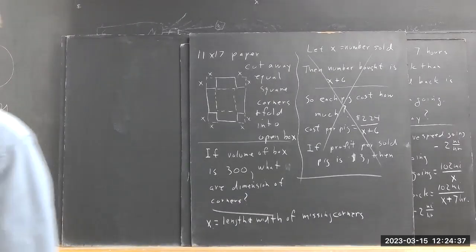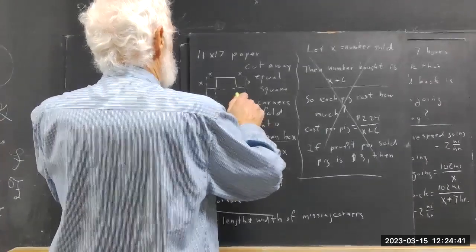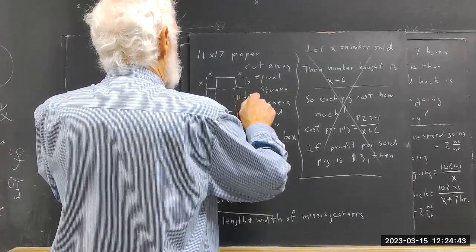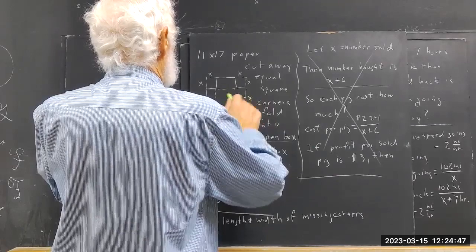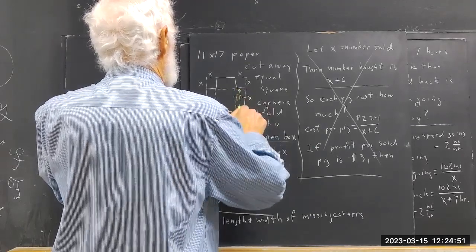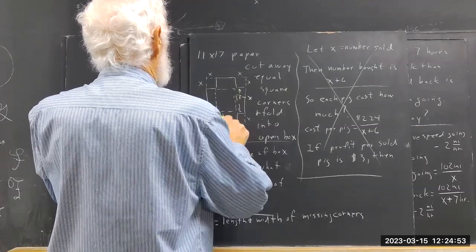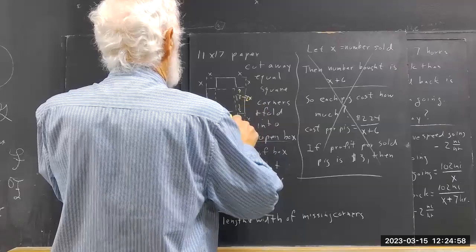Actually, that'll be 17 minus X the way I've drawn this, and if not minus X, it's minus 2X.